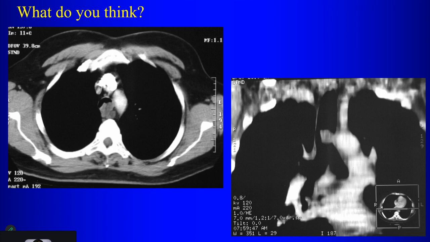Squamous cell cancer is the most common primary neoplasm of the trachea. So certainly that's in the differential. What else? What are other primary tracheal neoplasms besides squamous cell cancer? Adenoid cystic cancer, right? And then there's one more that's even rarer than adenoid cystic, and that's mucoepidermoid.